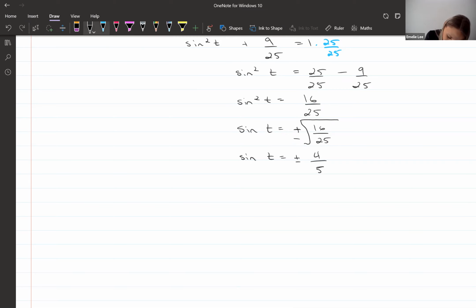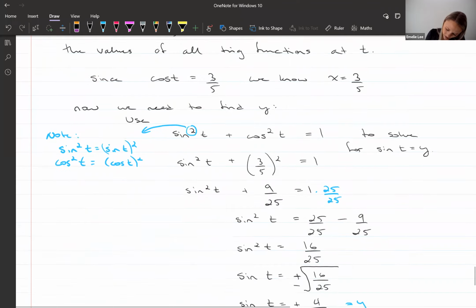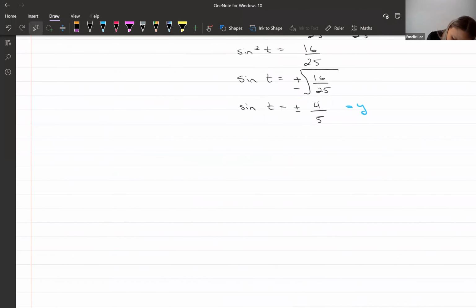And this is equal to y. So y is plus or minus 4 over 5, depending on where we are on the unit circle. Now, we know from the question that we're in Q4, okay? So in Q4, y is negative, right? In Q4, y is negative.